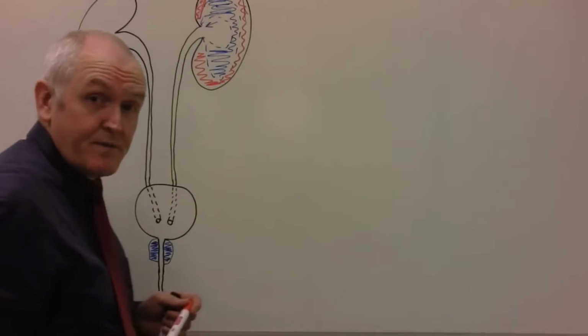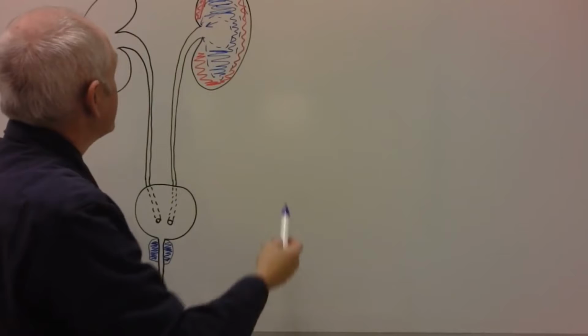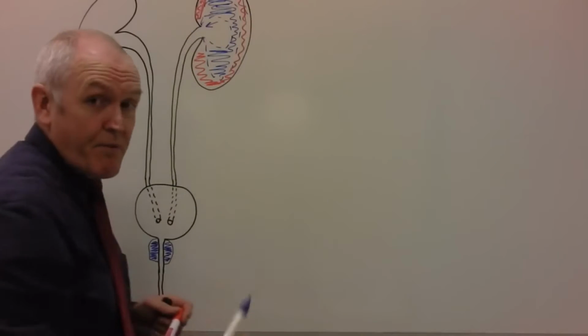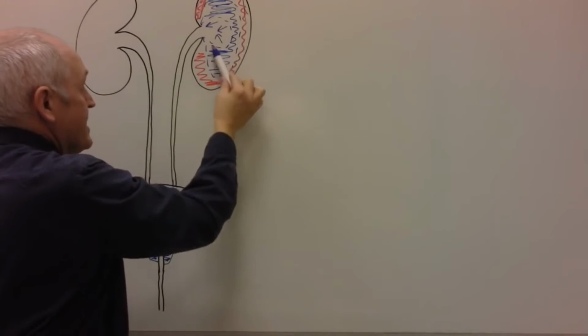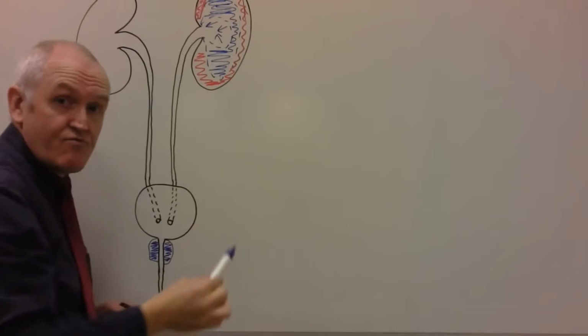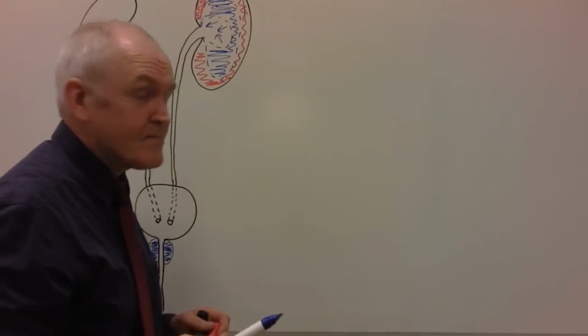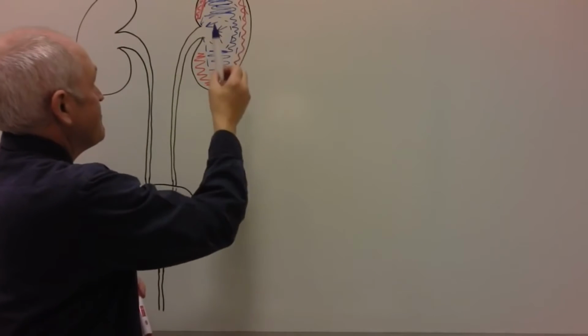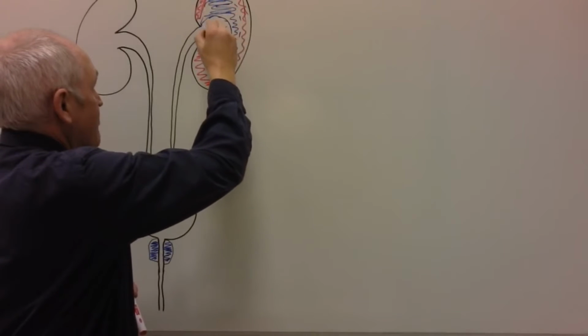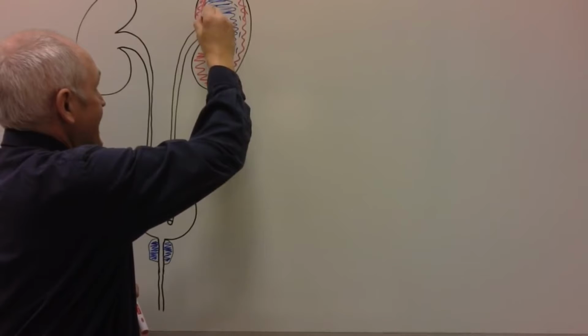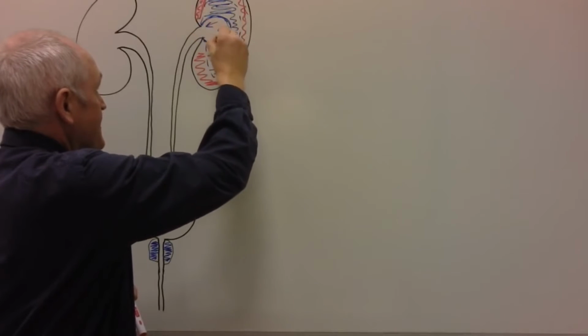So the urine is actually produced by the cortex and medulla, what's known as the parenchyma of the kidney. The urine passes out of the medulla into this area in the middle, and this is the renal pelvis. So we've got the renal cortex, the renal medulla, and then in the middle here we have the renal pelvis, where the urine actually collects.